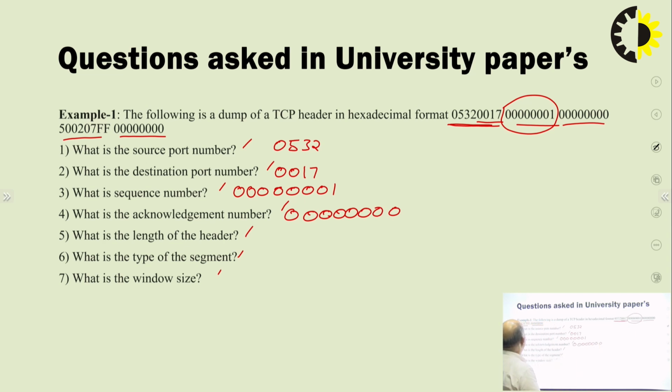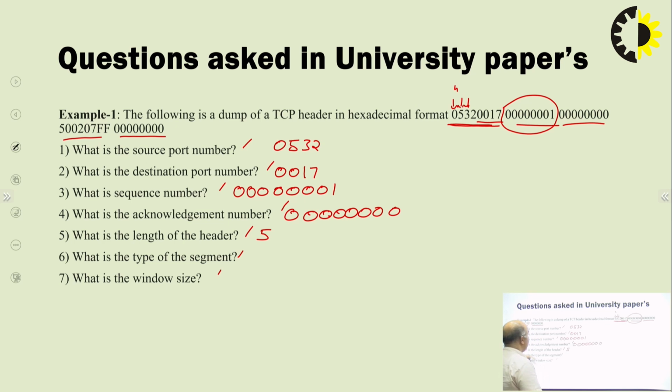Now we come to the next level, where we have to identify the header length. This is 5, a 4-bit value. For each character, for each number, 4 bits are used to define it.